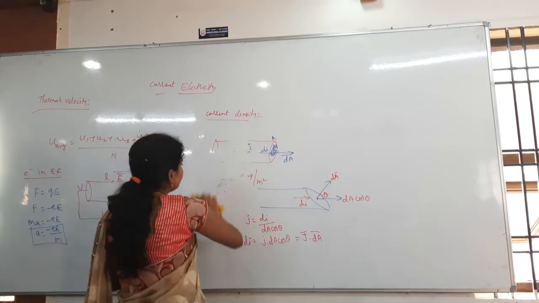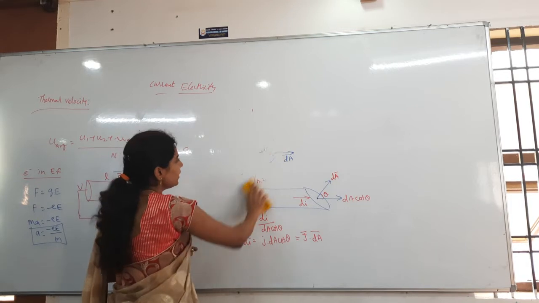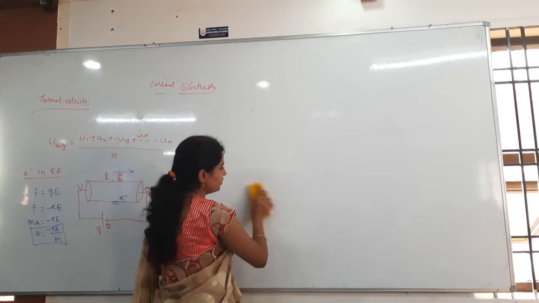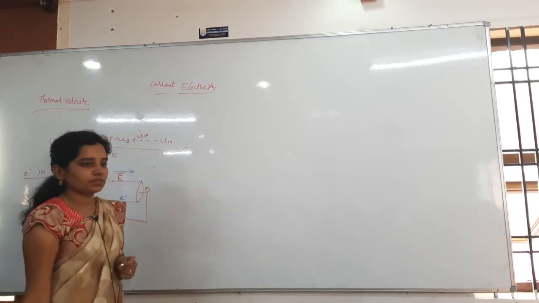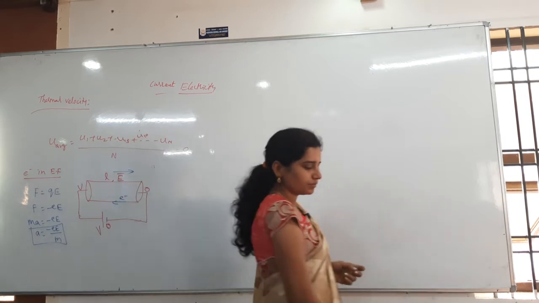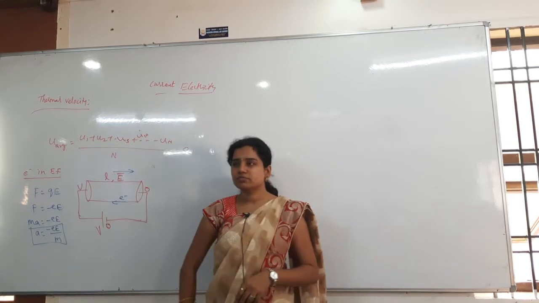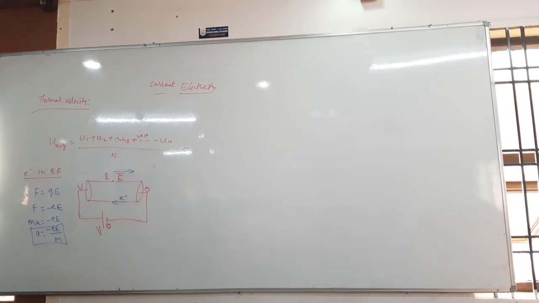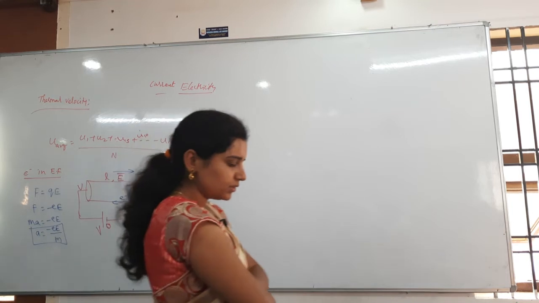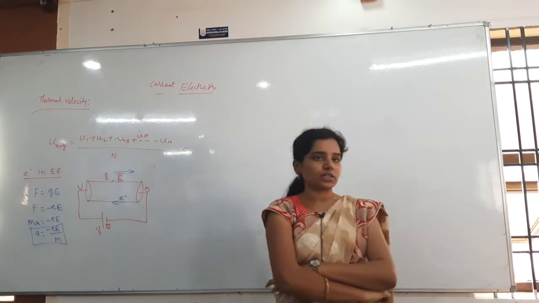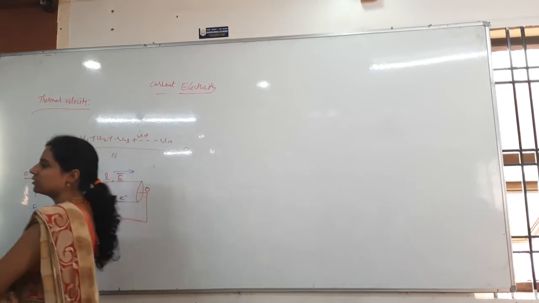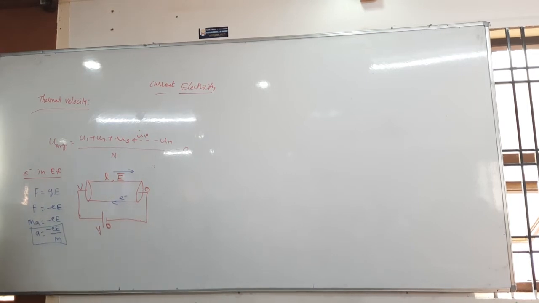Next, behavior of electron in presence of electric field. The potential difference across the conductor of length L generates an electric field.